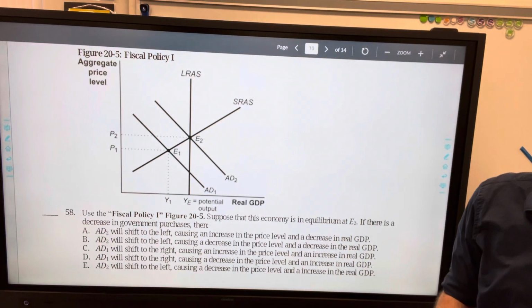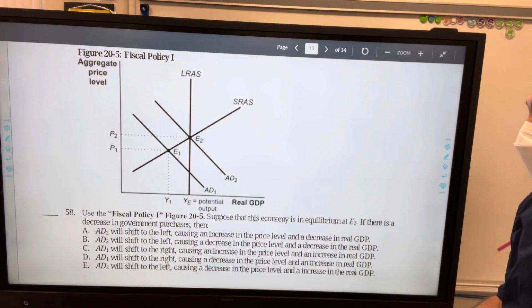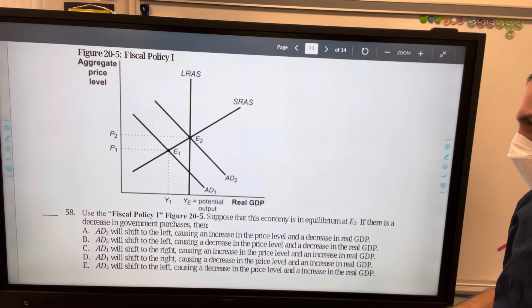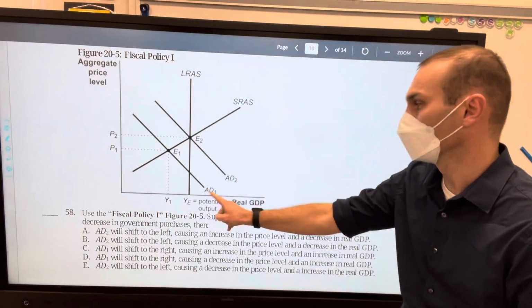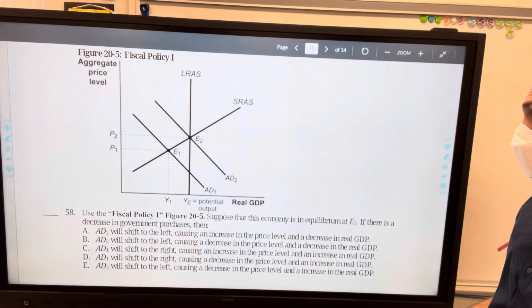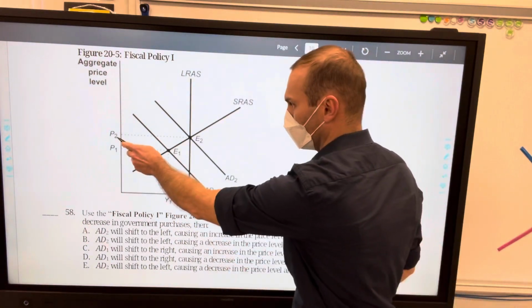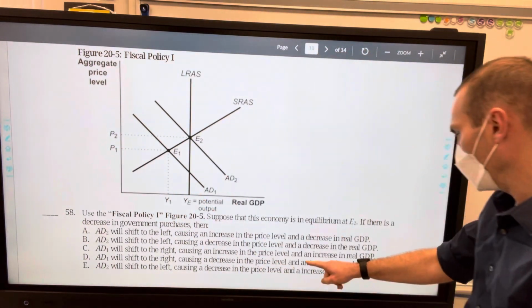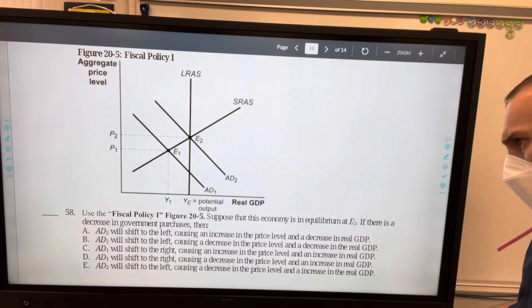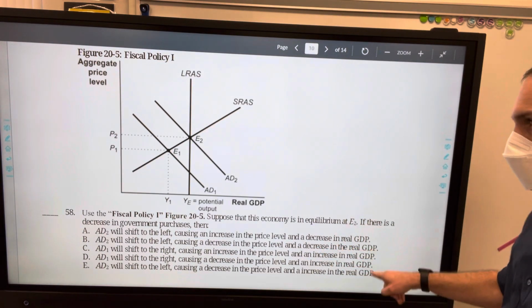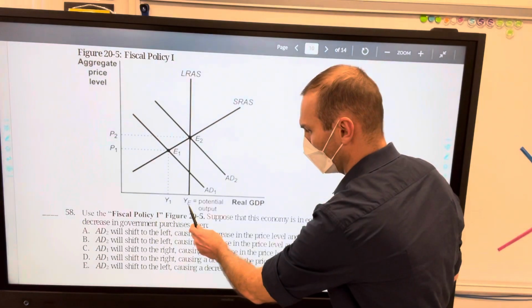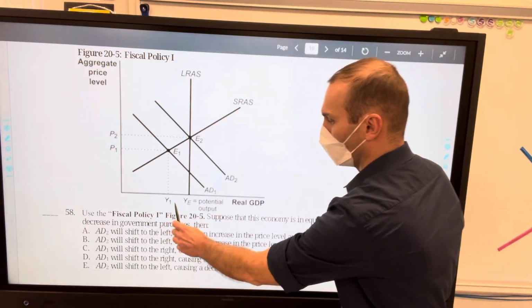So what will happen when we do this? Well, the answer is aggregate demand 2 will shift to the left, like from AD2 to AD1. This will cause a decrease in the price level, because we go from P2 to P1, and a decrease in real GDP, because we go from YE, potential output, to Y1.